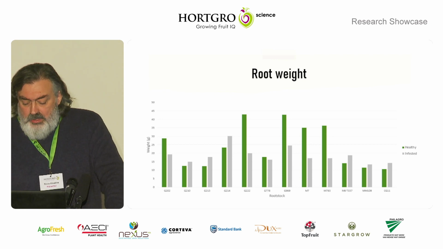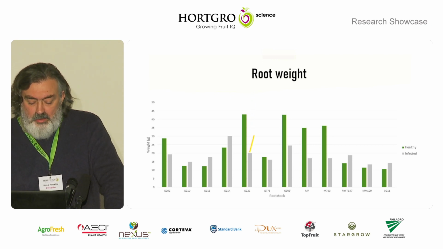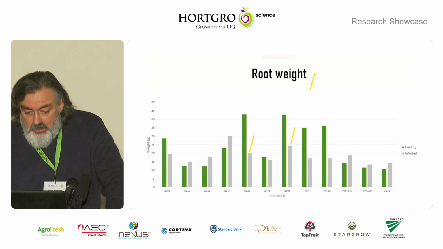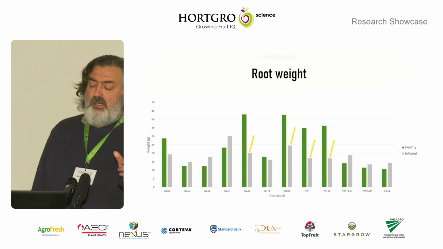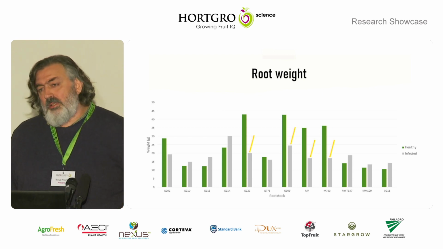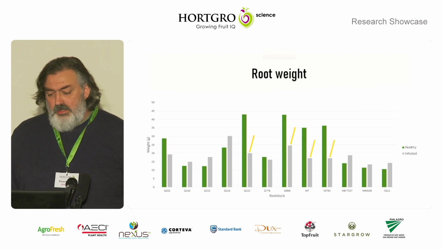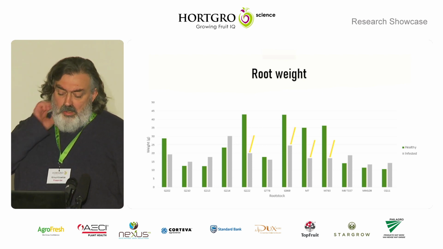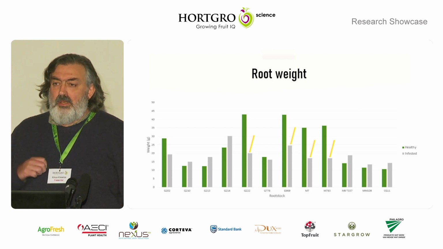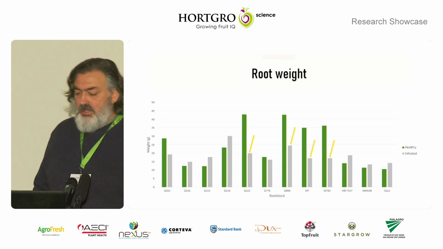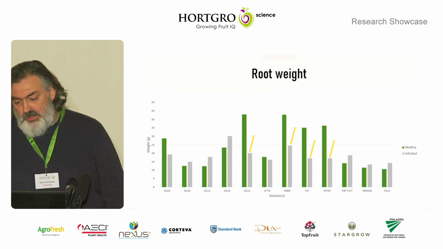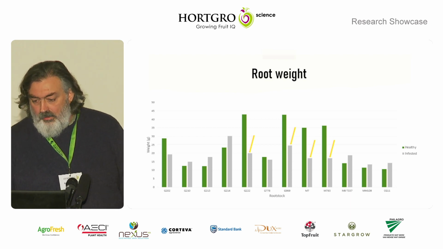And in some cases, G222, G969, M7, and M793 were the only cases where there were significant statistical differences between the uninfected and infected roots, which indicates that they are less tolerant to the lesion nematodes than the other ones tested.